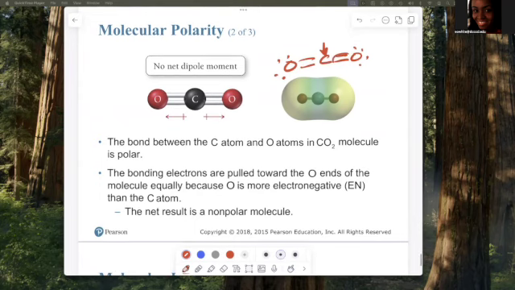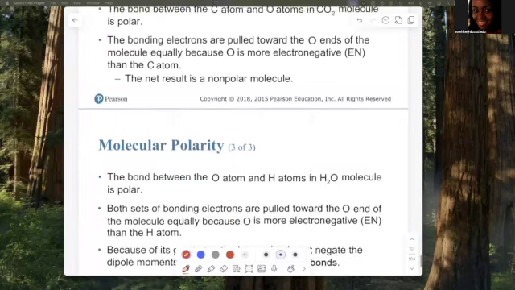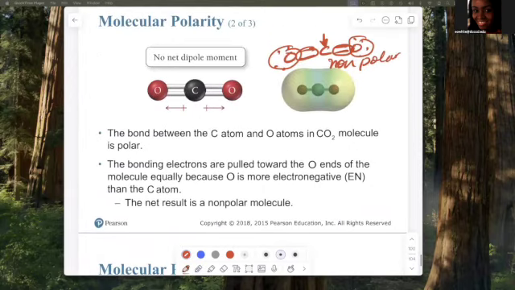We have a bonded group here, and they look exactly alike. We have a surrounding group here, a surrounding element here. They're exactly alike. So this is definitely nonpolar. This is the poster child of nonpolar. No difference. But if I switch one of these out and I make it O double bond C double bond S, I just made this polar.